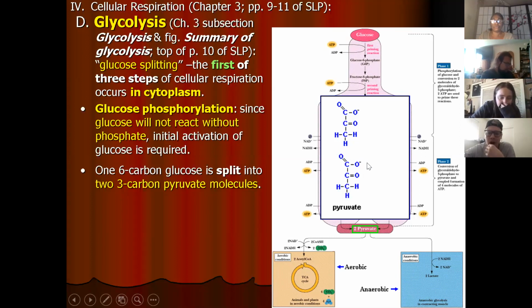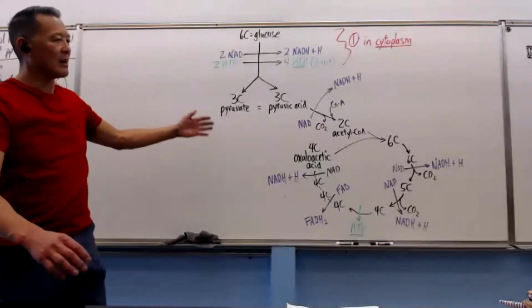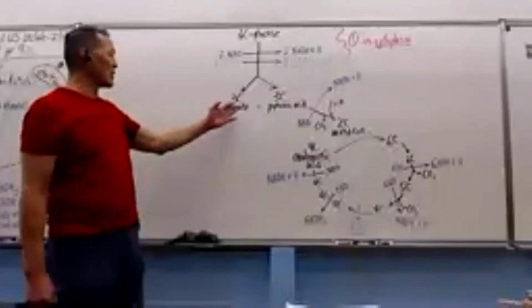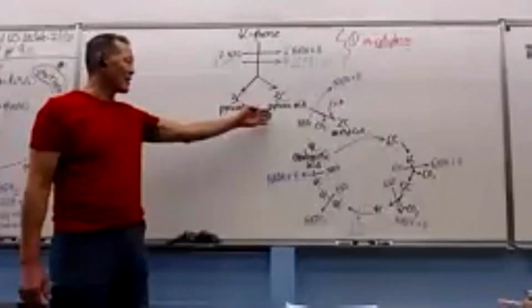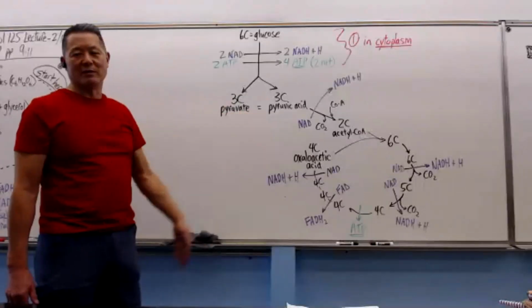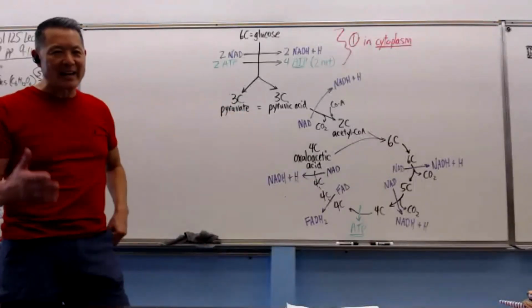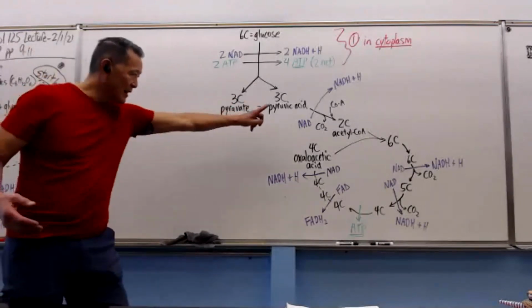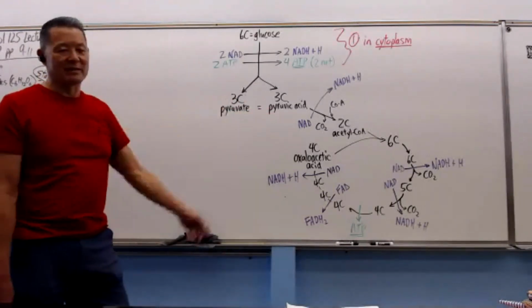If you put the hydrogen on it, it's pyruvic acid. Now, I don't want you guys to be caught up in that. Don't get your underwear in a knot between pyruvate and pyruvic acid. For our purposes, they're equal. Just one has the H on the carboxyl group, the other one doesn't.